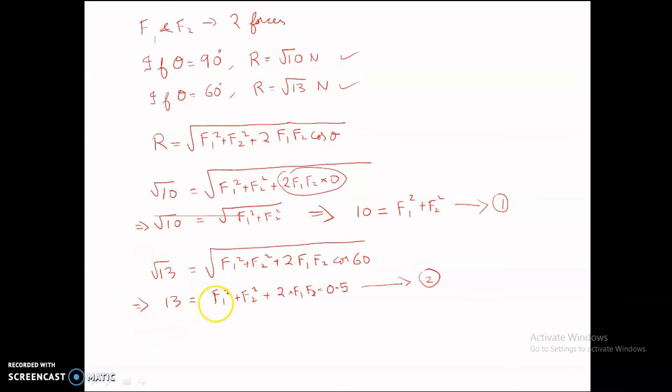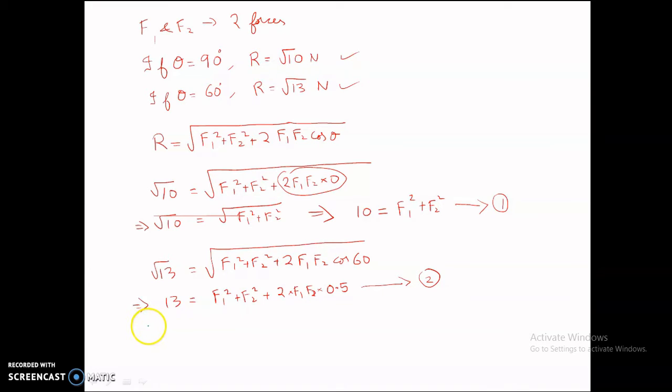Now we will find how we can find the value of F1 and F2 from these two relations. In order to find that, we will use the identity a plus b the whole square.